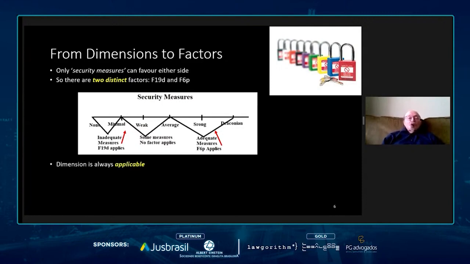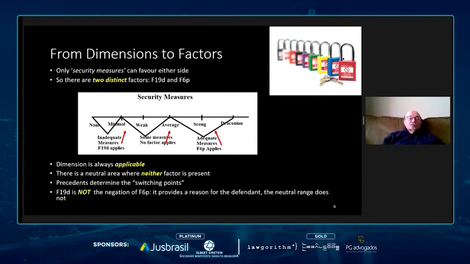So the dimension is always applicable, but there's a neutral area in which no factor applies. Precedents determine where these splitting points occur. F19 is not related to F6. It provides a reason for the plaintiff, but the neutral range does not.